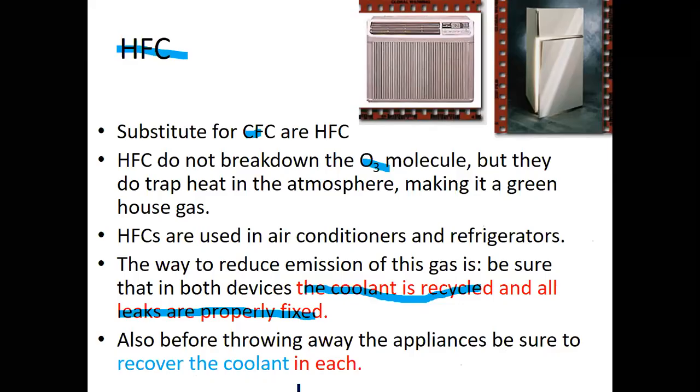Those are the preventive measures we can take, so as not to release them into the atmosphere. The coolant has to be recycled, and all leaks and spillage have to be managed. Before they are thrown into the dumps, we have to recover the coolant.